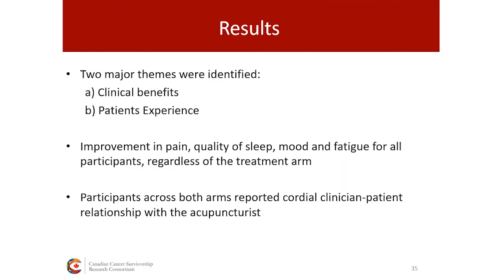Patients in both arms reported improvement in pain, quality of sleep, mood, and fatigue, regardless of the treatment arm. Participants across both arms also reported a good rapport with the clinician. All participants, regardless of the arm, felt that they were able to establish an excellent rapport with the clinician.